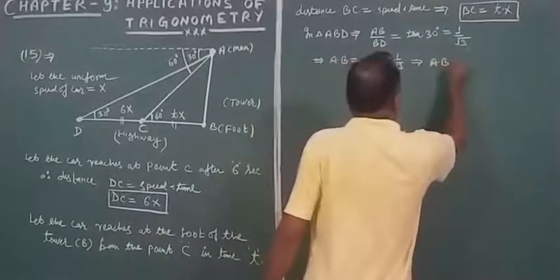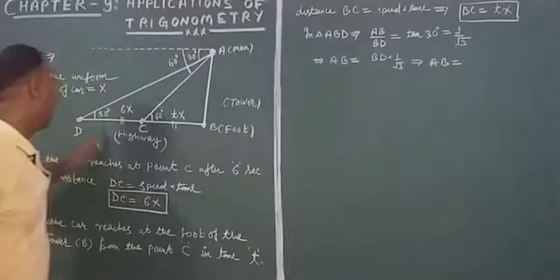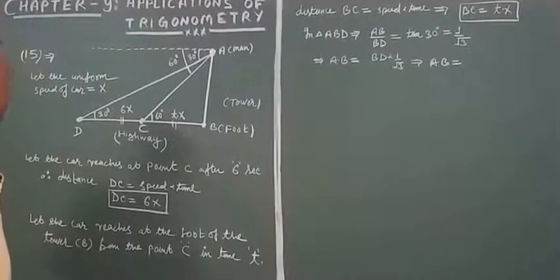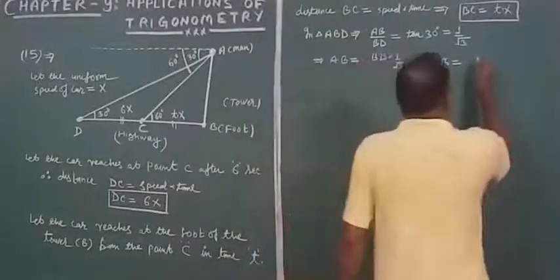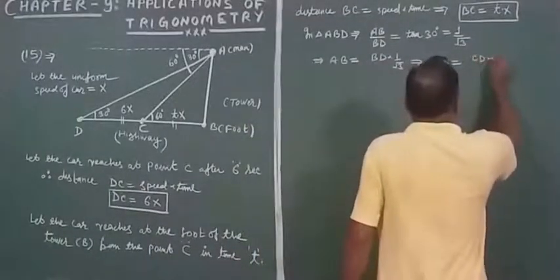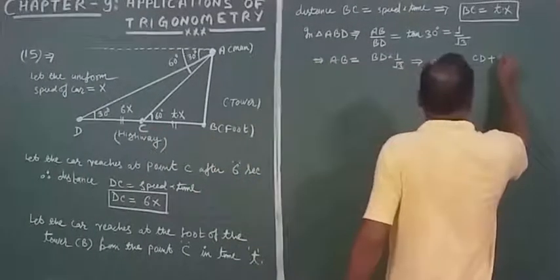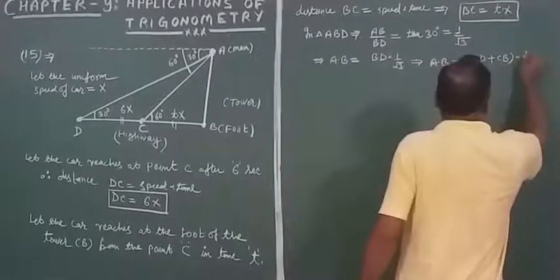What is the BD? This BD is 6x plus TX, that is CD plus BC, into 1 upon under root 3.